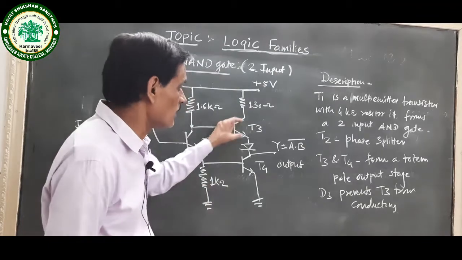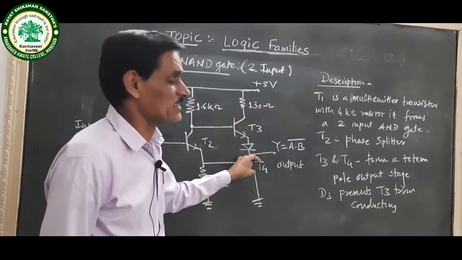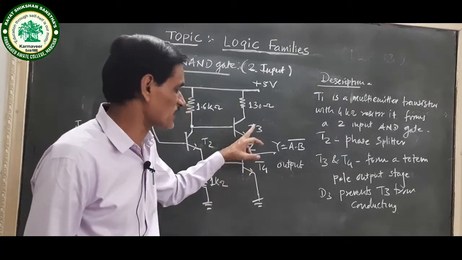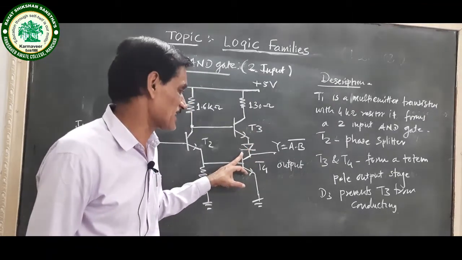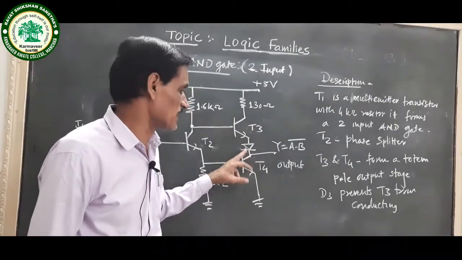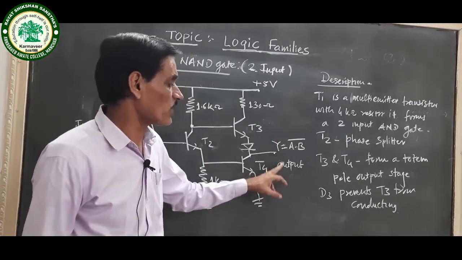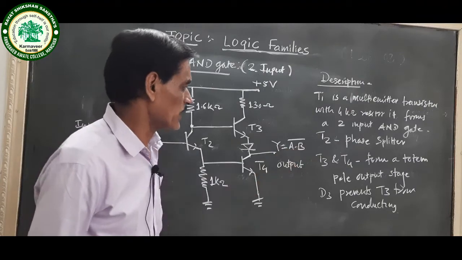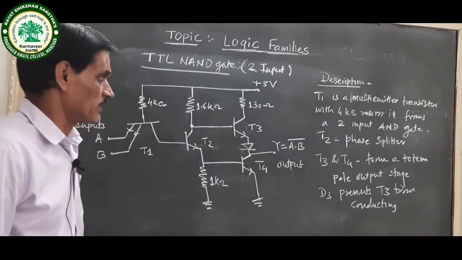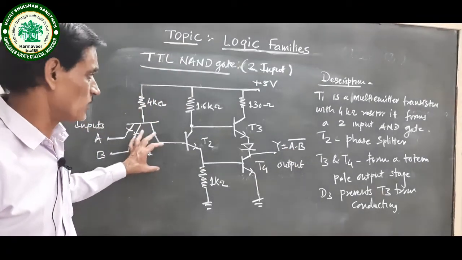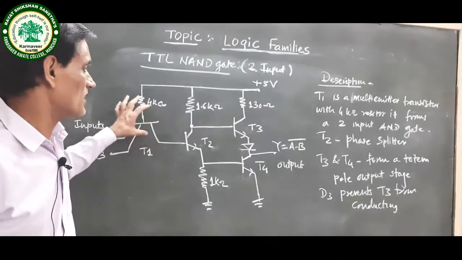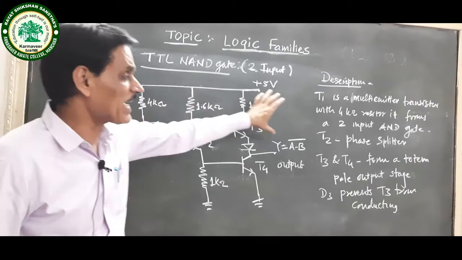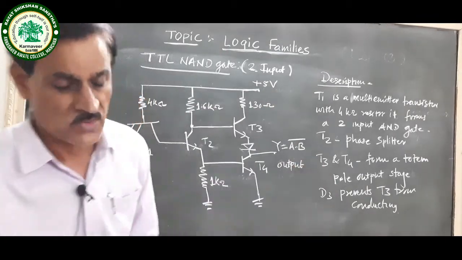For example, when T3 is on, T4 is off. Now, in order to prevent T3 from conducting, a diode is inserted in between them, and Y is nothing but the output. That is, Y equals A ANDed with B, complemented. I think everybody has understood the circuit diagram of the two input TTL NAND gate and its description.